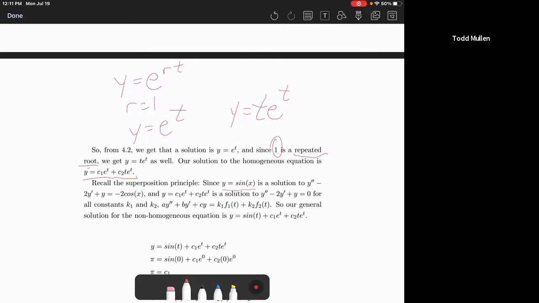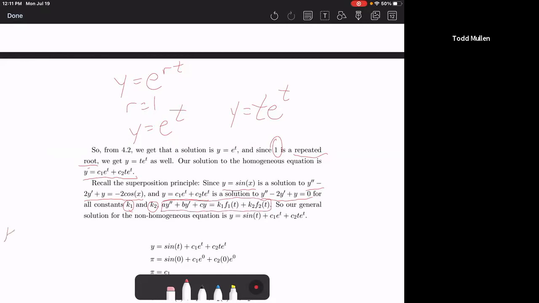Since y equals sine t is a solution of this equation, and y equals c1 e to the t plus c2 t e to the t is a solution to the homogeneous equation, then for all constants k1 and k2, I know what the right-hand side of this equation looks like.